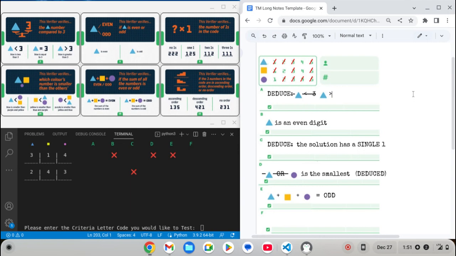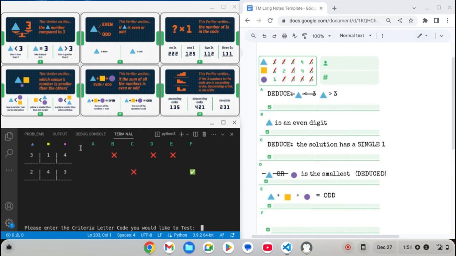So it's greater than 3, meaning it's a 4. And at this point, it is distinguishable by criteria card F, because you either have 4-2-1 descending or 4-4-1 no order. So we will have to test criteria card F.